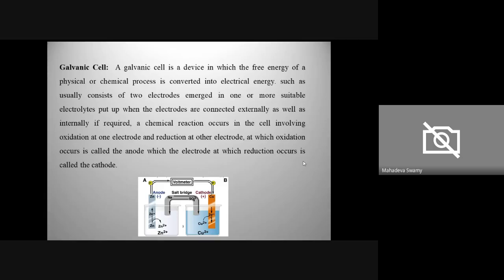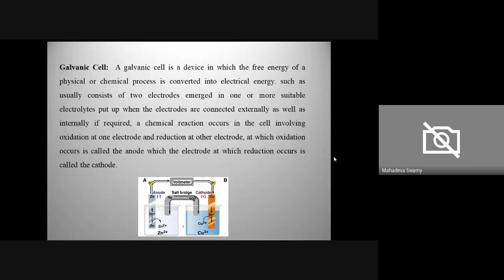That's why a galvanic cell is a device in which the free energy of a physical or chemical process is converted into electrical energy. We know the concept: it usually consists of two electrodes immersed in one or more suitable electrolytes. When the electrodes are connected externally, as well as internally if required, a chemical reaction occurs.